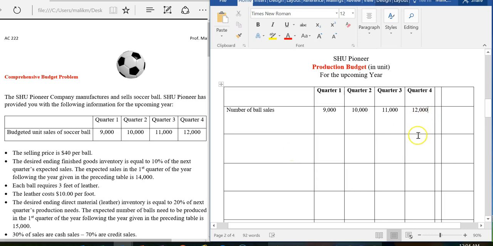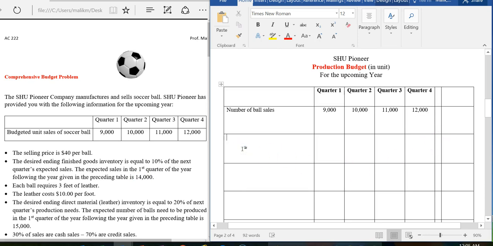Now, when we do the last quarter, we need to know the following year's first quarter sales, and it's also given here: the expected sales in the first quarter of the following year is 14,000. So for Q4, we'll take 10% of that.